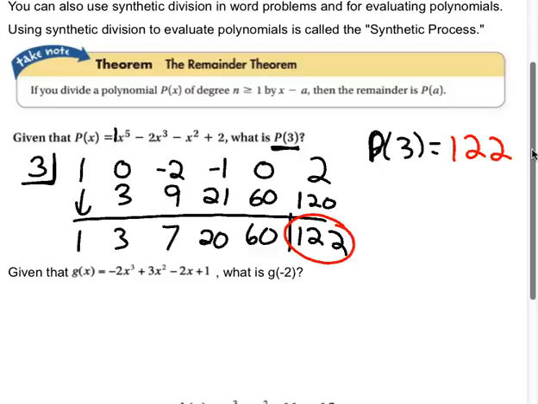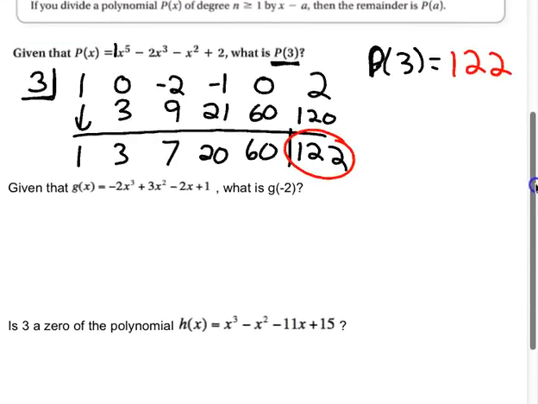Okay, so what that's showing you is if I had plugged in 3 to that polynomial, if I had just evaluated it for 3, 122 is the answer that I would get. Okay, and again, just a neat thing is, if you're ever having to do this without a calculator or something like that, this is typically a lot easier than having to deal with all those powers. So really, this is just a method to help you if you're trying to do it quickly without a calculator.